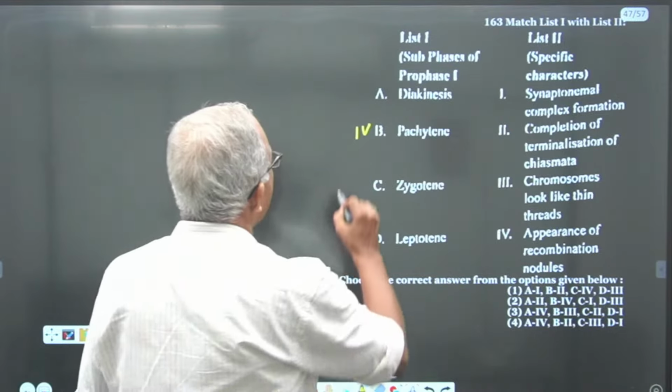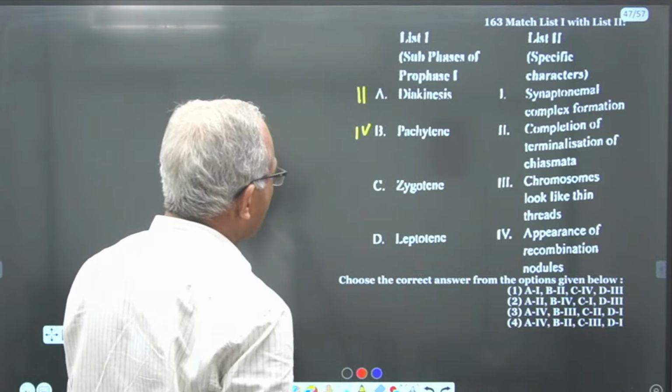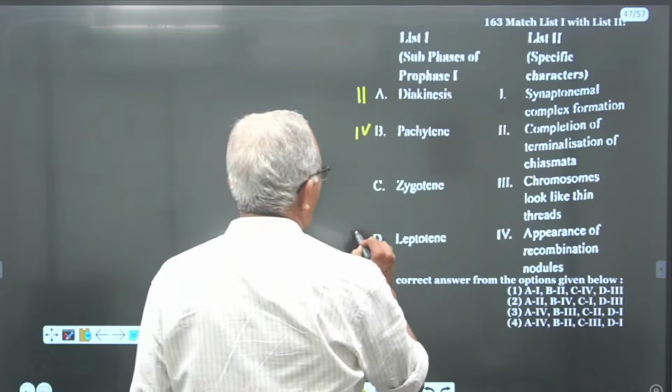Pachytene can be matched with 2. Diakinesis can be matched with 2. Pachytene 4. Zygotene can be matched with 1.